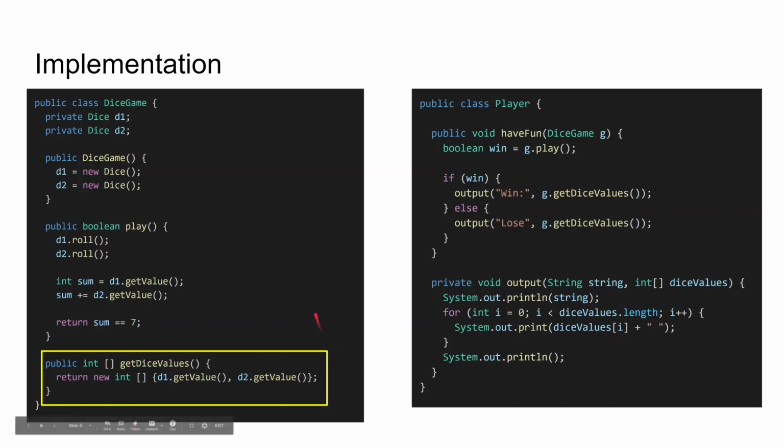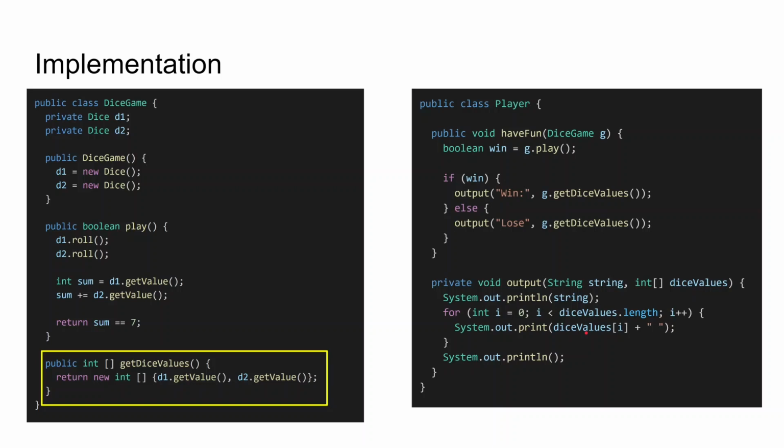He also wants to know what the actual values of the dice were. So if we have the association, we have the objects created in the constructor, we use the objects and they keep their state between calls. So we can add another method called, for example, get dice values, that returns an integer array with the two dice values in it. And then the player can first call play and get the result, whether there is a win or not, and we can then get the dice values so we can print them also for the player's enjoyment.